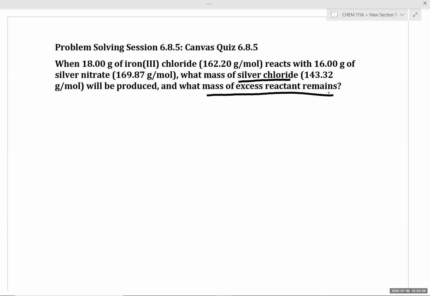First things first, I want you to get a balanced chemical equation. That's really the key for these stoichiometry problems.